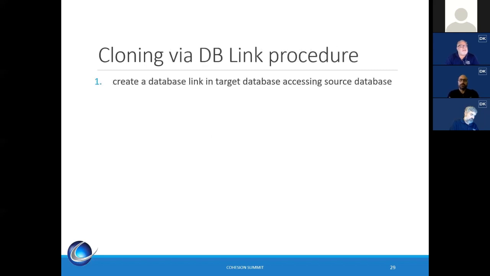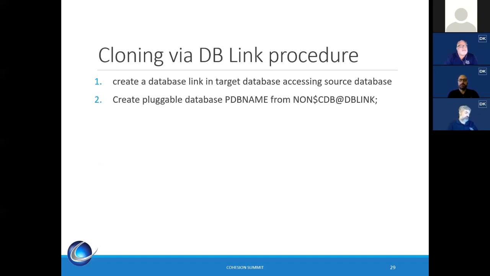Overview of the procedure here. You create a database link in the target database accessing the source database. That's going to access one of those common users typically at the source. Well, actually, since your source database is not a CDB, it doesn't have to be a common user, but it would be a user that has some privileges. You run create pluggable database, PDB name from this.